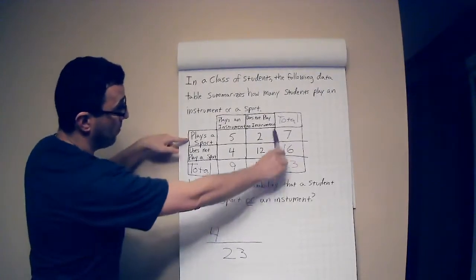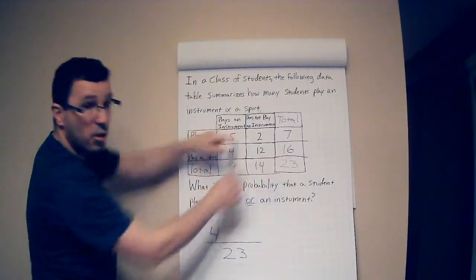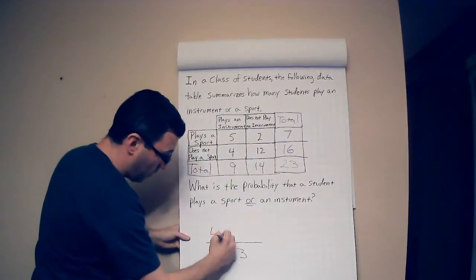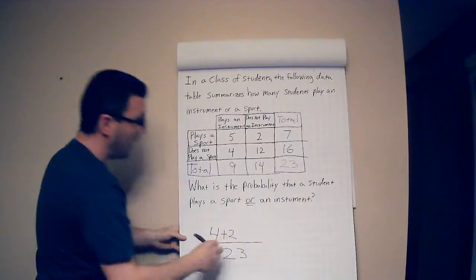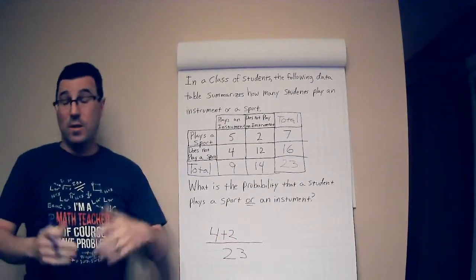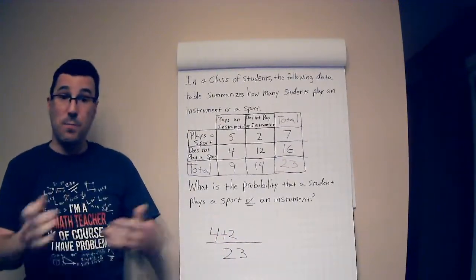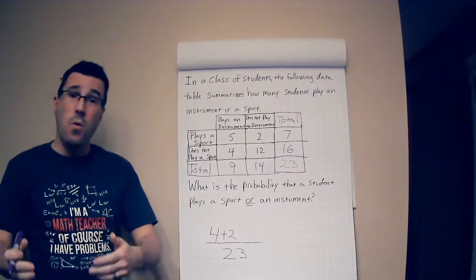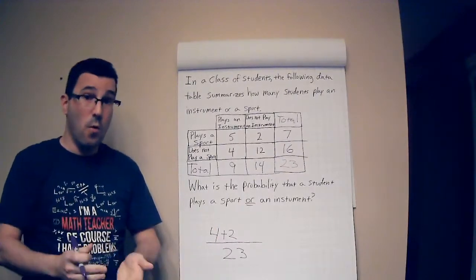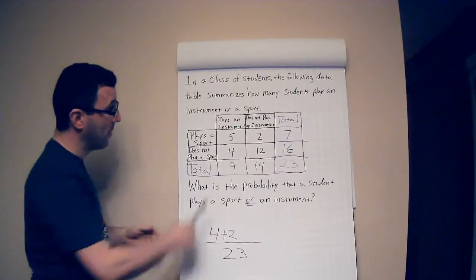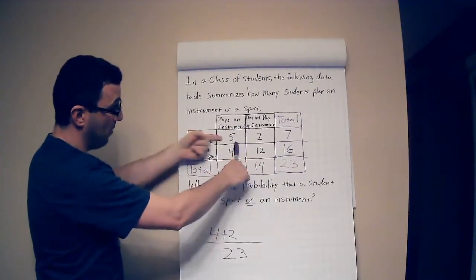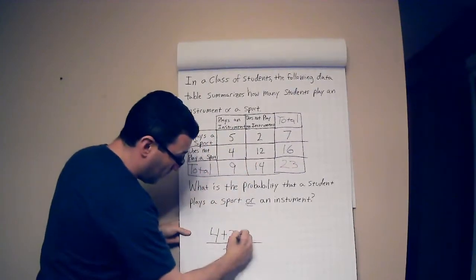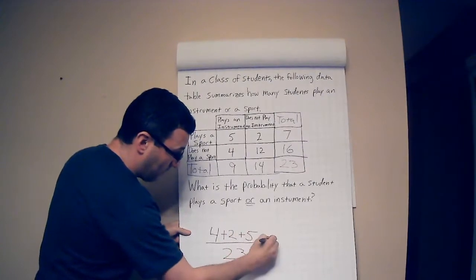Plays a sport, does not play an instrument, 2. So I'm going to do 4 plus 2. And then lastly, since it can be "or", they can play a sport, or they could play an instrument, or they could play both. Plays an instrument, plays a sport, that's 5. So I'm going to add 5.